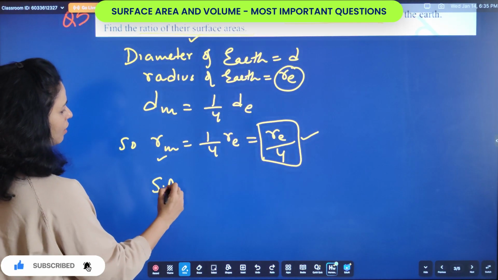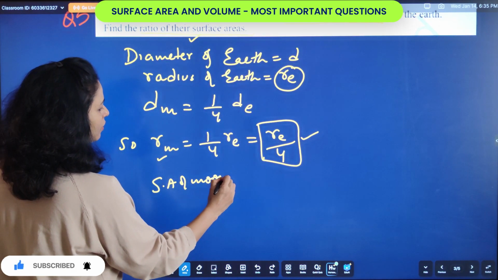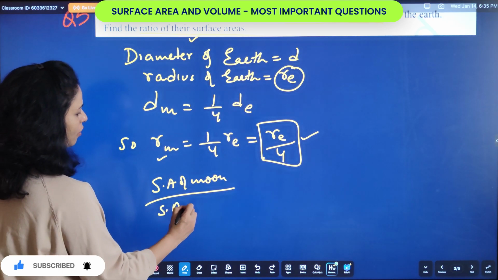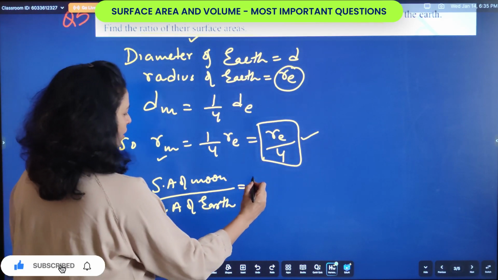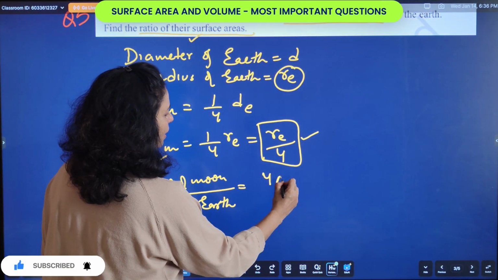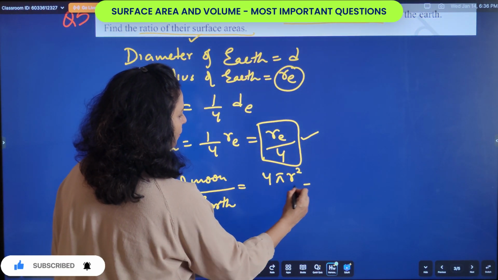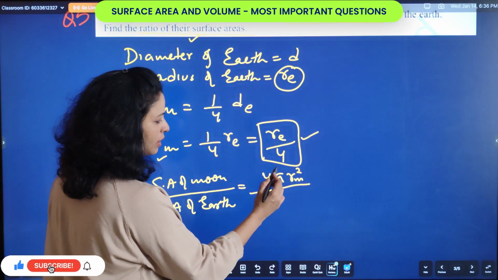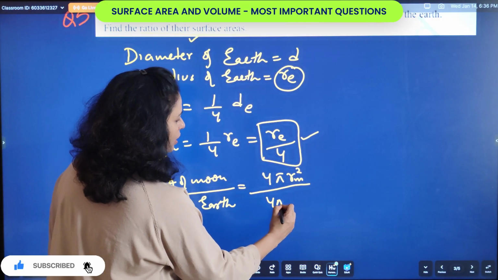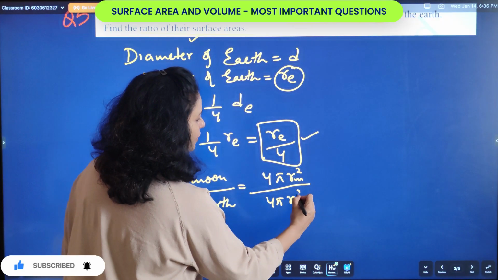So surface area of moon by surface area of earth. So surface area of the moon we will use 4 pi r square m, so that you understand this is the radius of the moon, and for earth 4 pi re square.